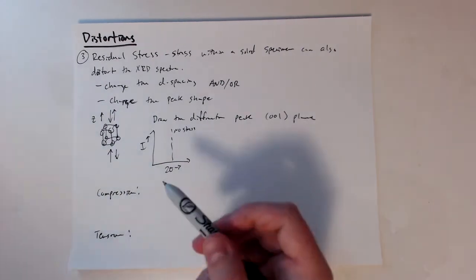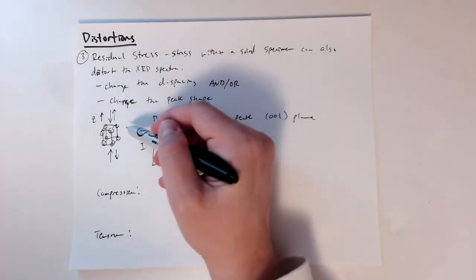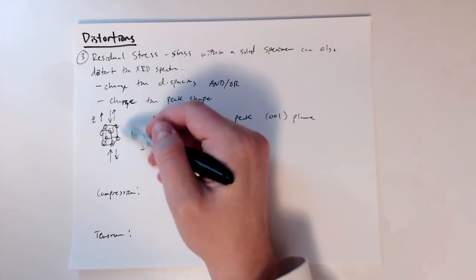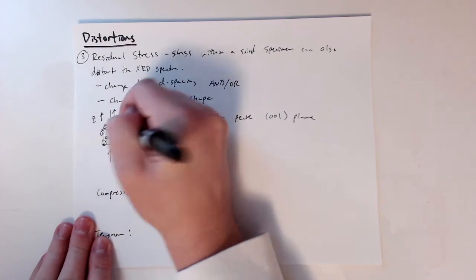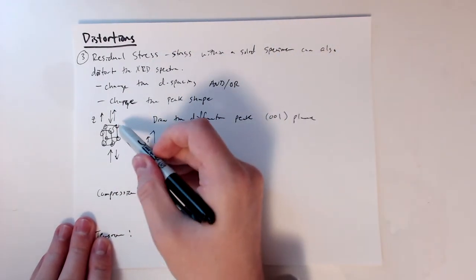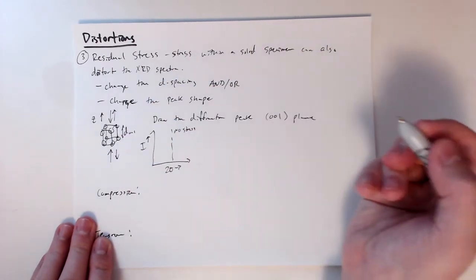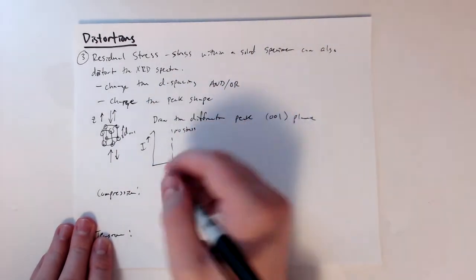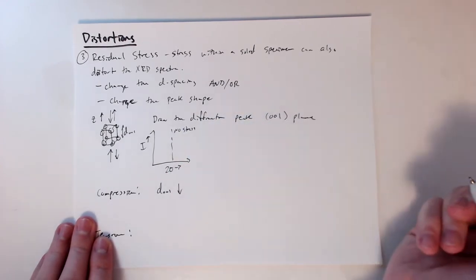Okay, let's take a look at this. We're going to look at compression first. If you think about this lattice, and we're compressing it along the Z direction, the D-spacing, which is the distance between these two atoms for the 001, would get smaller, right? So the D001 goes down.